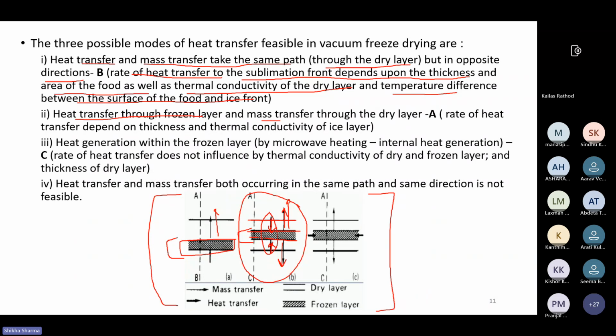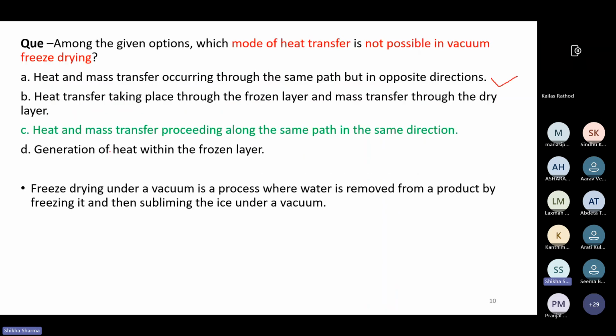So mass transfer is happening through the dry layer. And in this case, the rate of heat transfer depends on the thickness and thermal conductivity of the ice layer. Option second is correct because heat is transferring through the frozen layer while moisture is transferring from the dry layer then to the atmosphere.